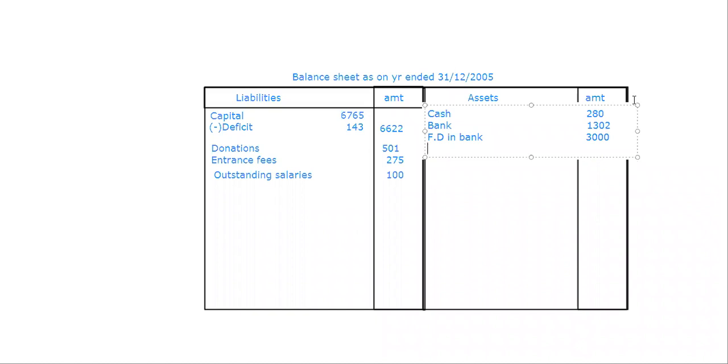Then postage. Same as last time, there we took the opening, now we are going to take the closing, which is 90.